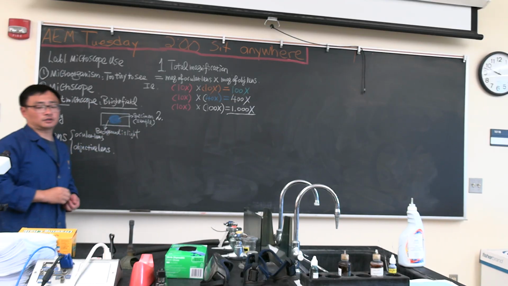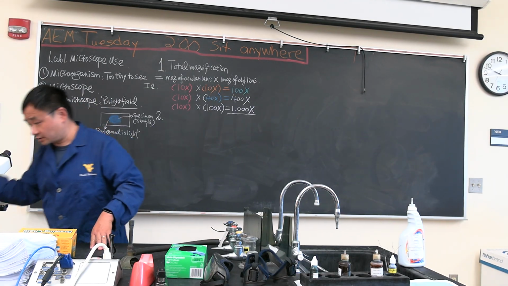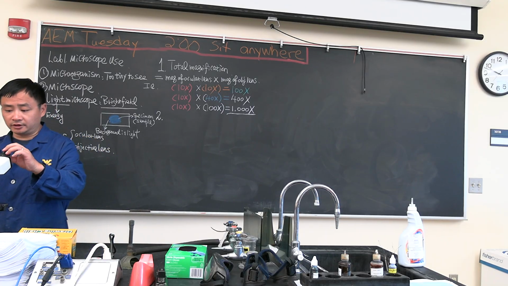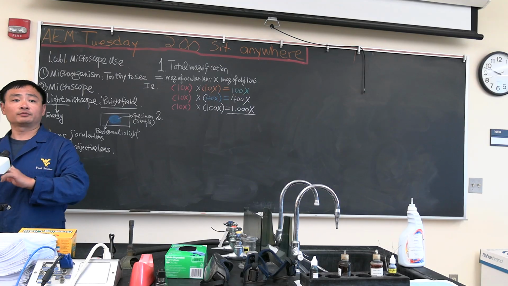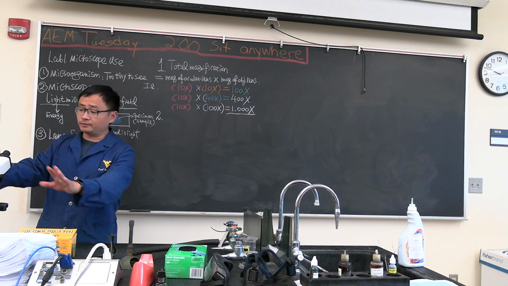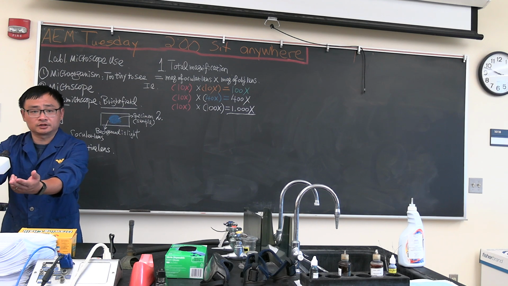Now let's look at the ocular lens. It's very simple. These are very fragile and sometimes easy to fall off, so be careful. Not much to talk about. We have more to talk about with the objective lens.